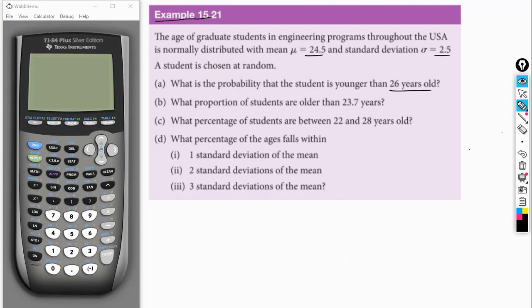So now let's do part B. For part B, they want us to find what proportion of students are older than 23.7 years. So notice that that means what is the probability that the random variable x is greater than or equal to 23.7 years.